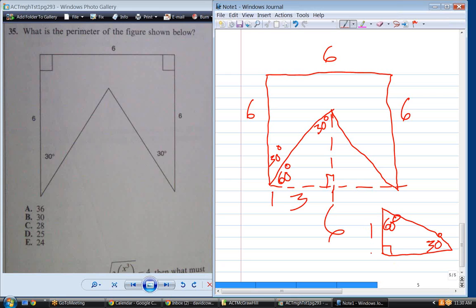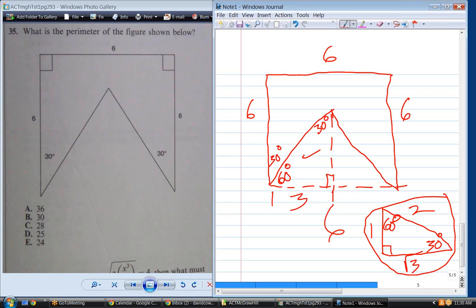That's why I call it my unit triangle. 1, square root of 3, and 2. You must memorize this, otherwise you can't use it when you need it. In other words, you don't just memorize what the unit dimensions are, because this triangle we're looking at is a similar triangle. All 30-60 right triangles are similar.